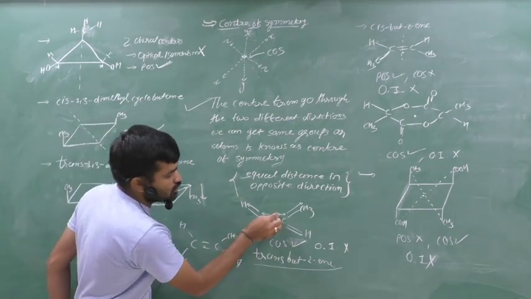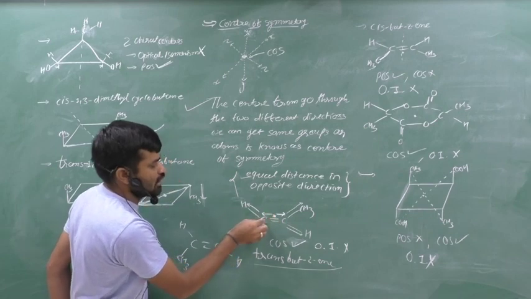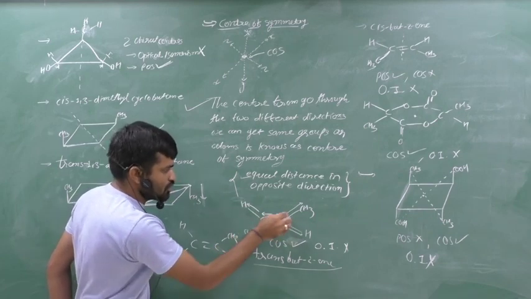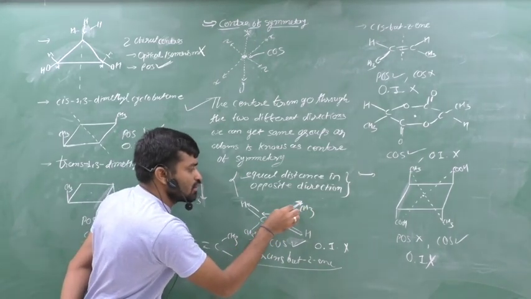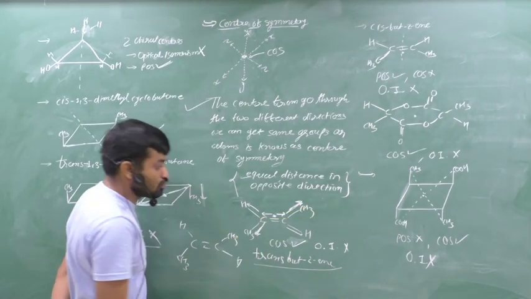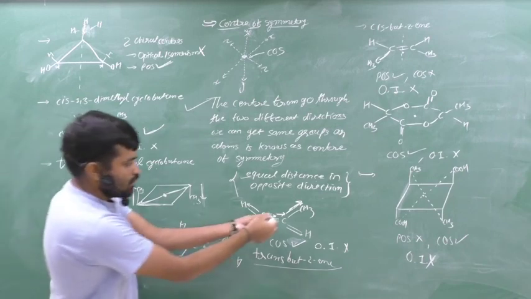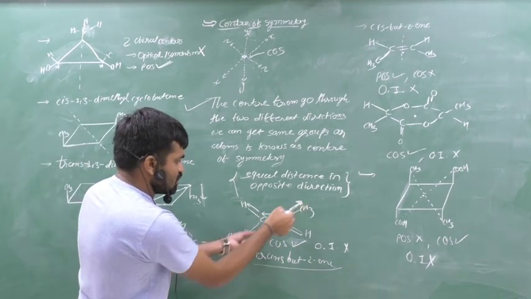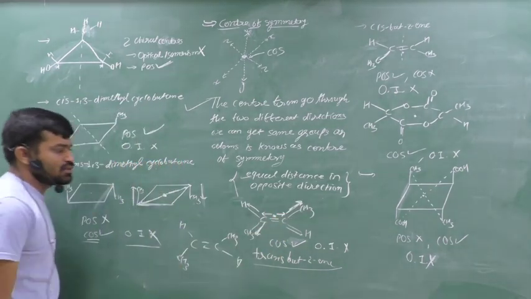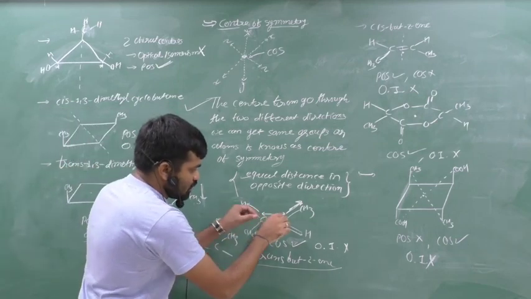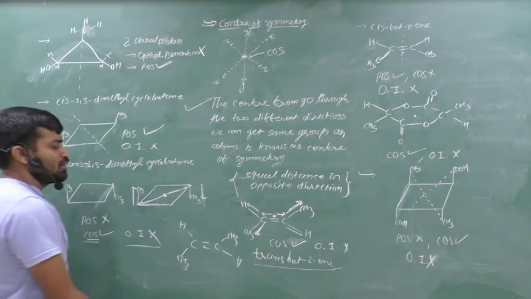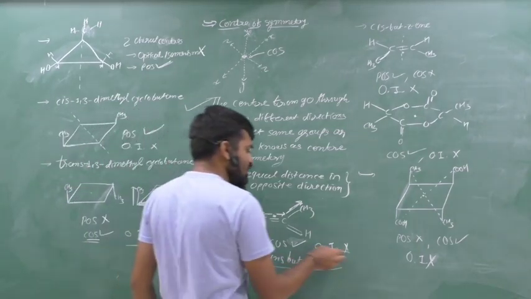If you go through this side and this side, carbon and carbon, clear, opposite direction, equal distance, same part. Upside and downside are also the same, CH3 and CH3, opposite direction, equal parts, which means a center of symmetry may be present. Here CC, HH, so the compound is not optically active.